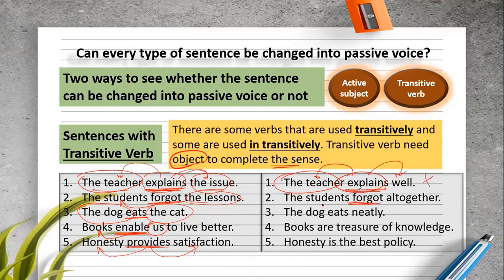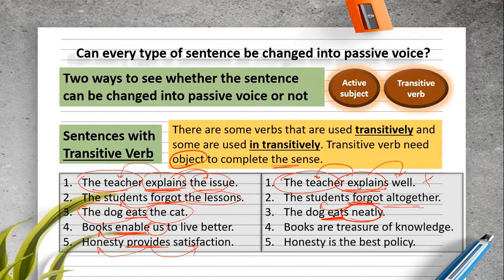The students forgot altogether. The same procedure: the subject and verb are there, but the verb is not used transitively. That's why it is also not possible to change this sentence into passive voice.